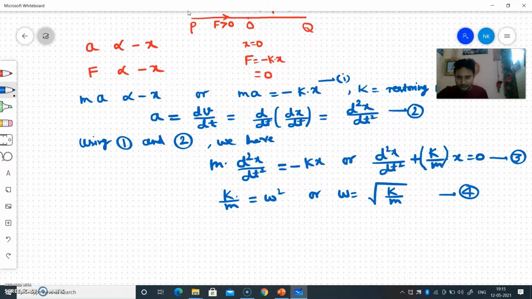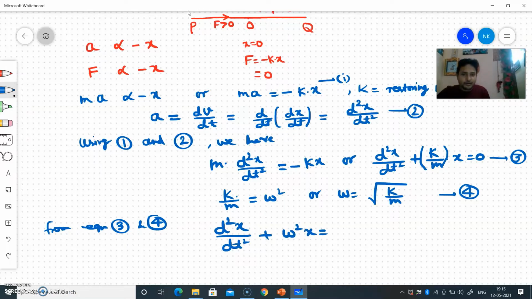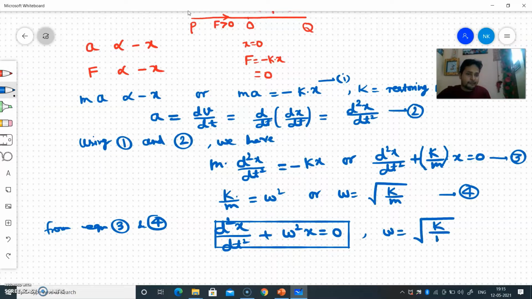From equations 3 and 4, one gets the differential equation for simple harmonic motion, which is d2x over dt square plus omega square x is equal to 0, where omega is the square root of k by m.